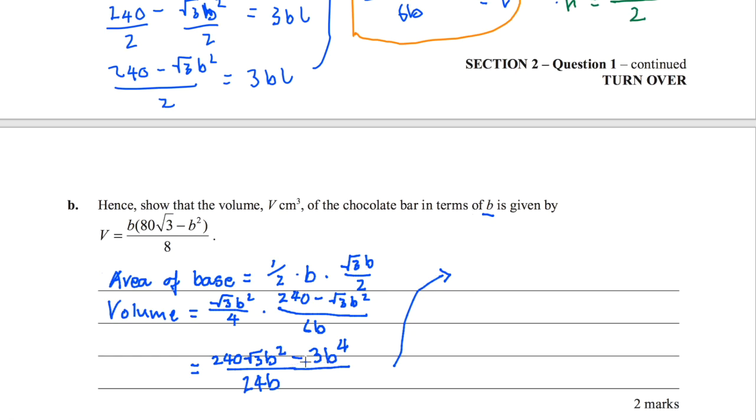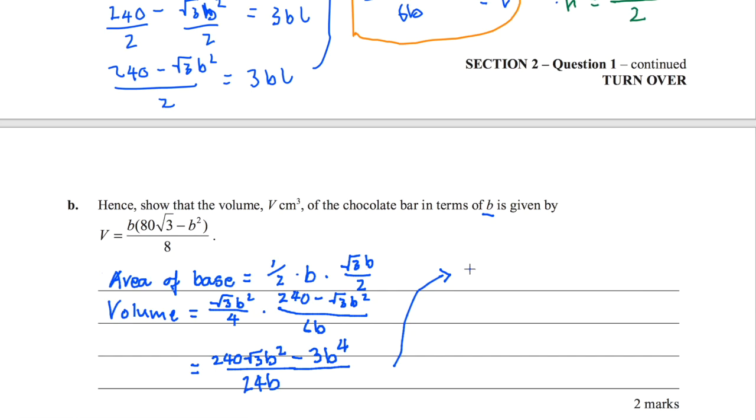What can we take out as a factor here? What goes into all of these things in the numerator? There's definitely a b squared at least in both of the terms, and there's also a 3. 240 is divisible by 3. The way you can check that is you add up the numbers: 2 plus 4 plus 0 is 6. Is 6 divisible by 3? Yes. Then 240 is divisible by 3, and we know that's obviously 80.